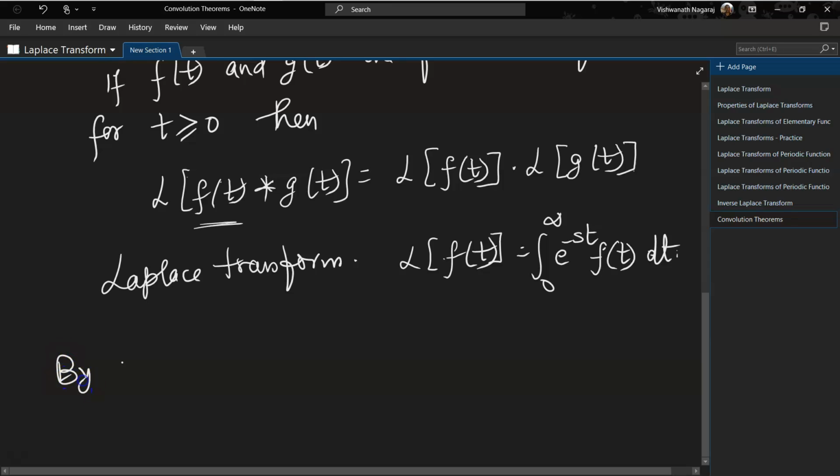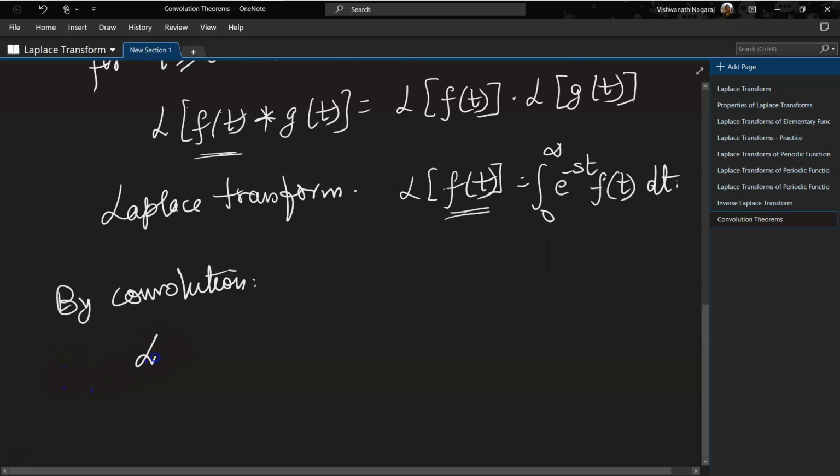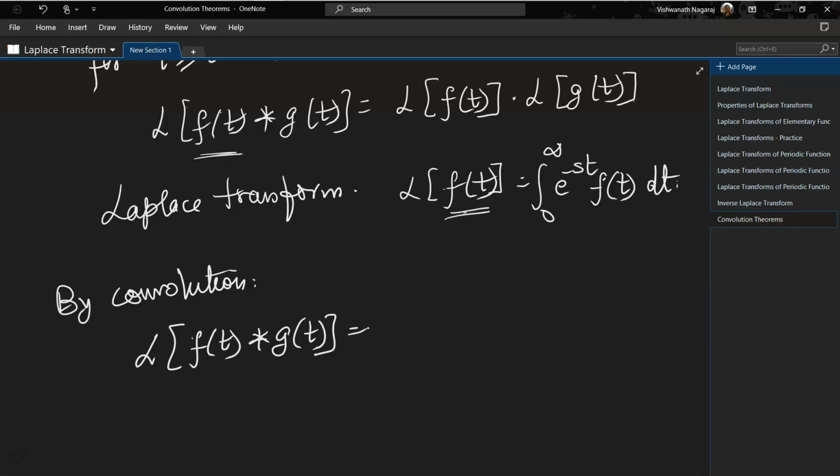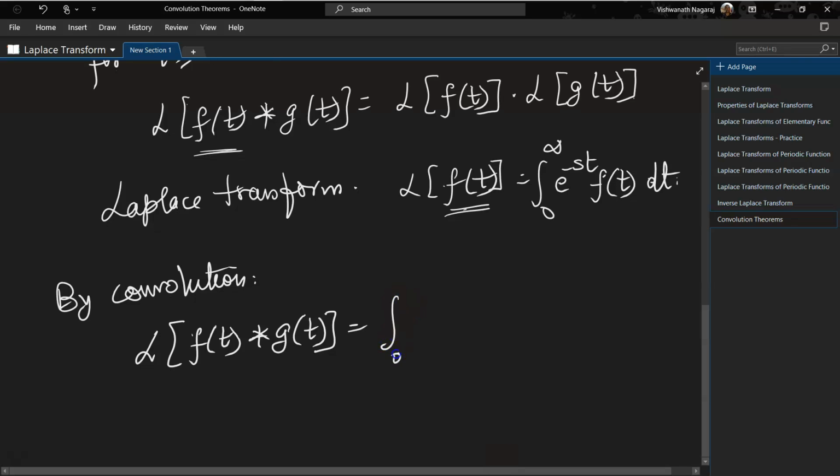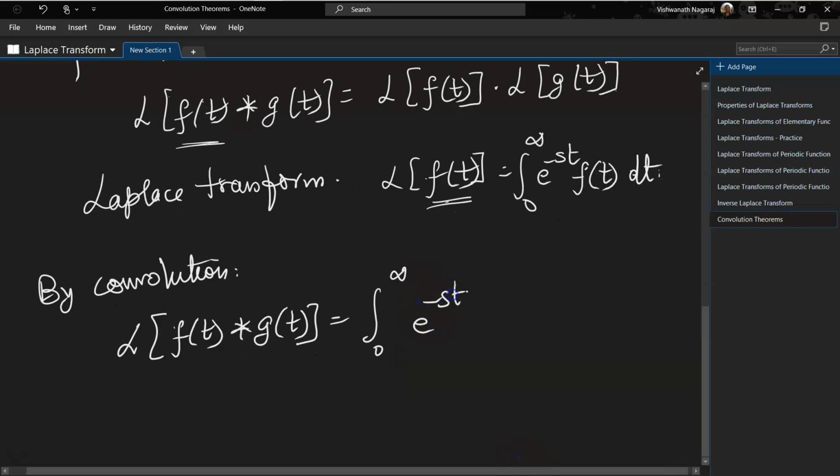So we have the Laplace transform of f of t convolving with g of t. Now let's apply the Laplace transform. When we apply that, we get the integral from 0 to infinity of e to the power of minus st, and then instead of f of t, we put f of t convolving with g of t, dt.